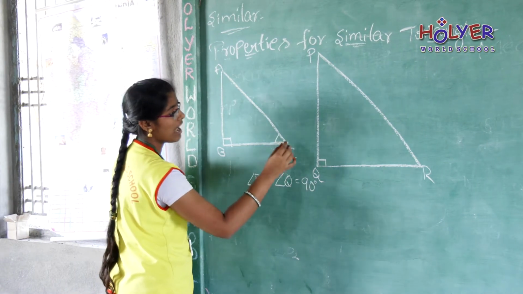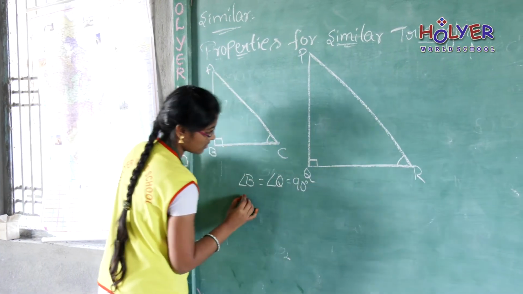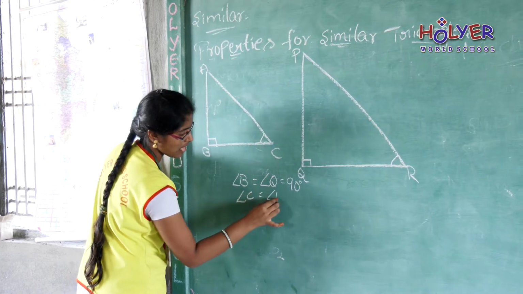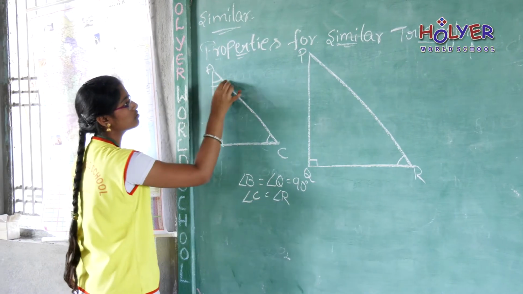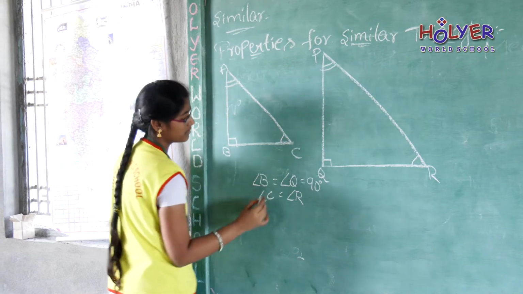Angle C is equal to angle R, and angle A is equal to angle P.